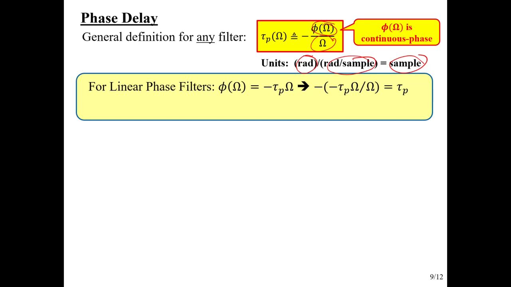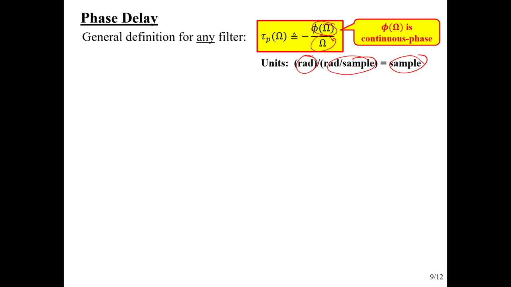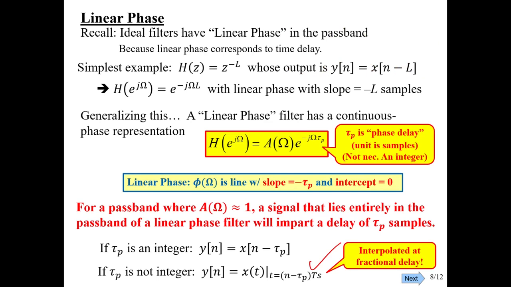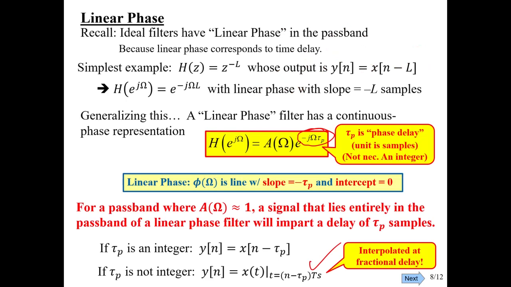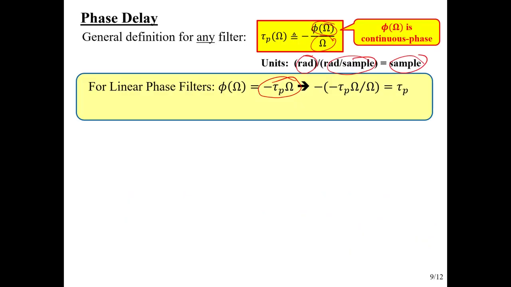But for linear phase filters as we define them, let's go back and look. How did we define it? Linear phase, we say that phi of omega is just minus omega tau sub p. So we take minus omega tau sub p, divided by omega.